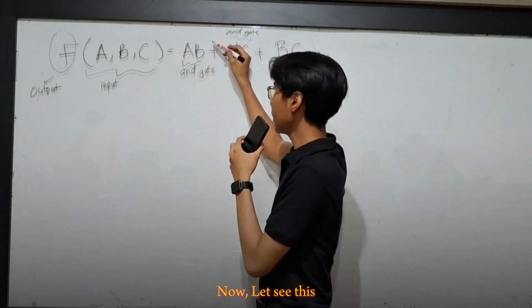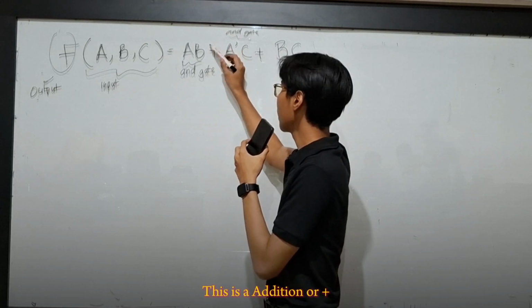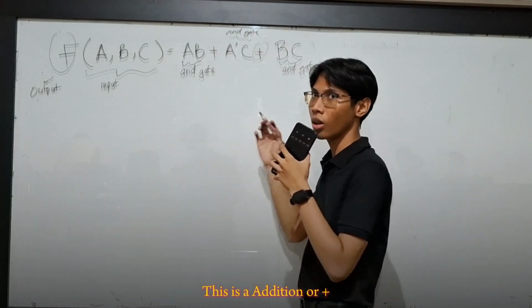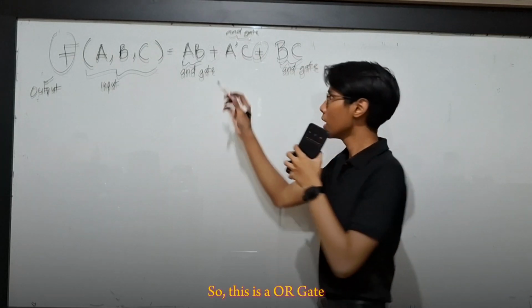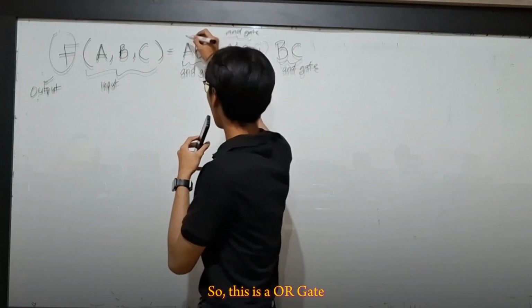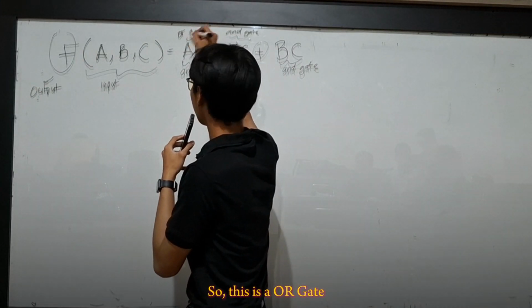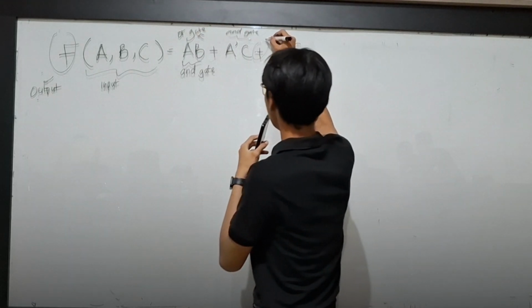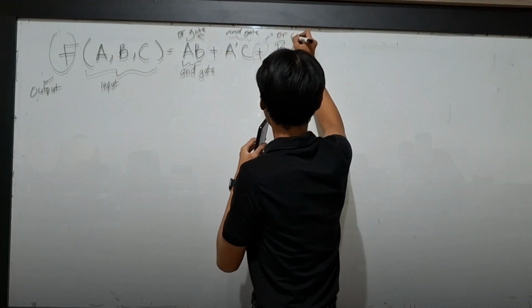Now, let's see this. This is addition, or plus. So this is an OR gate, and this is an OR gate too.